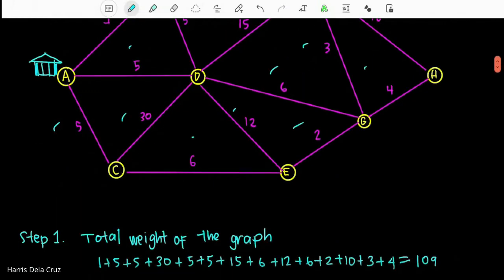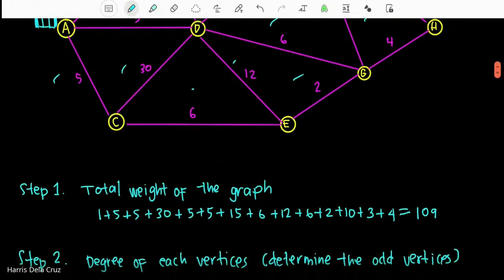So currently, the total length of the roads in our graph is 109. So that will be the minimum length that the postman will travel, since the requirement is the postman needs to travel or traverse all those roads.